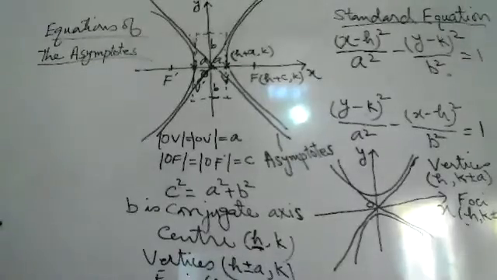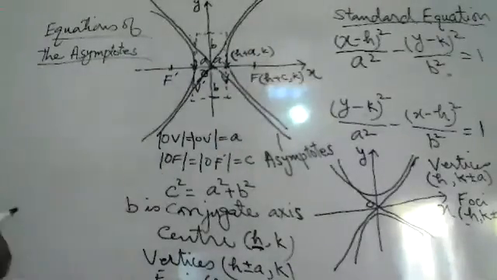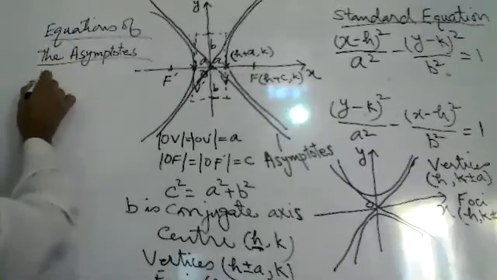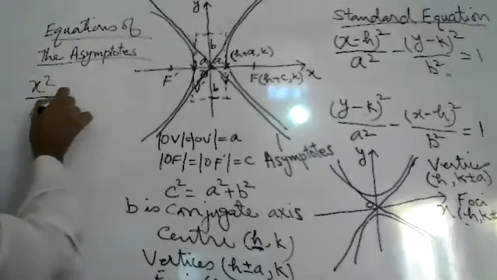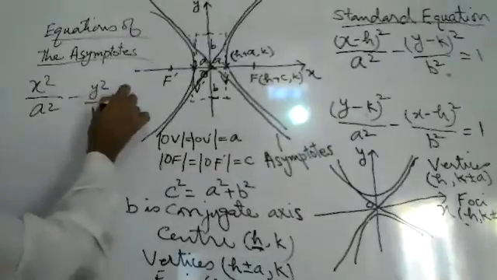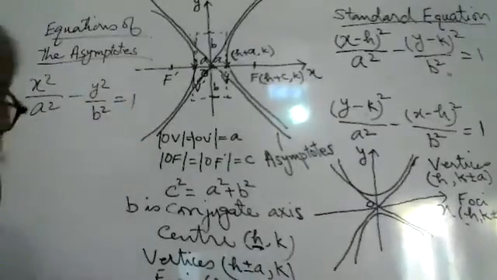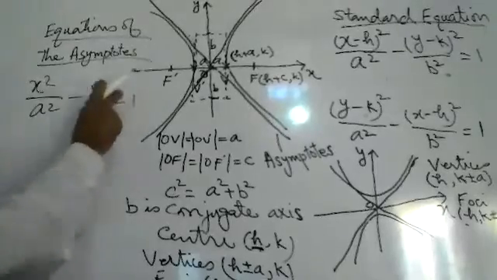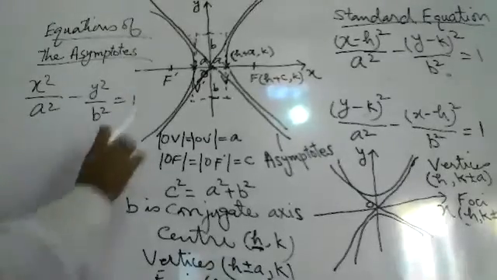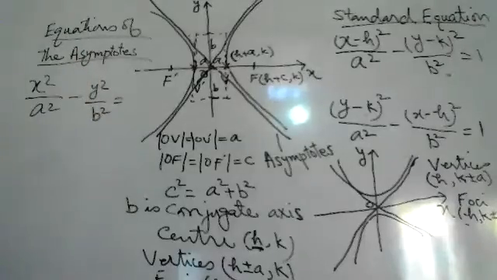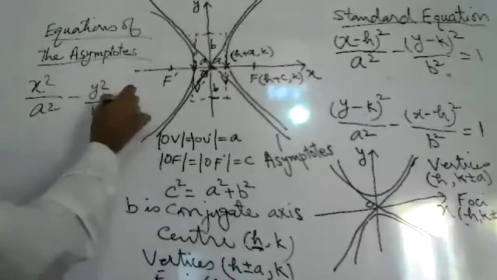How to find the equation of the asymptotes? This equation will be taken. For example, we have the equation x square upon a square minus y square upon b square equal to 1. What we will do is change the 1 into 0.